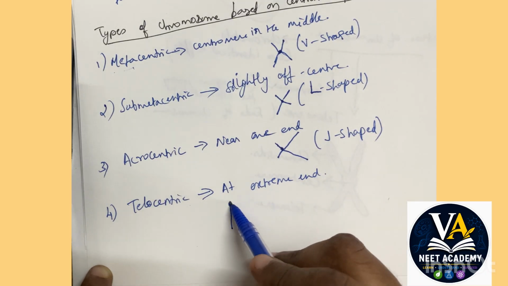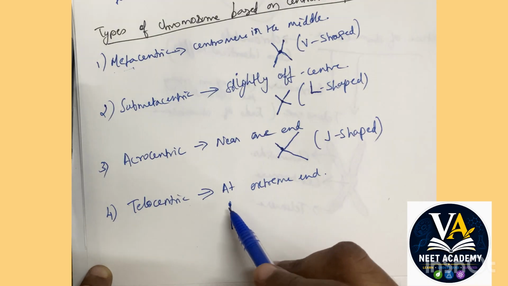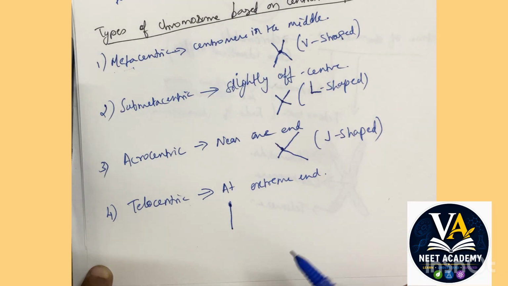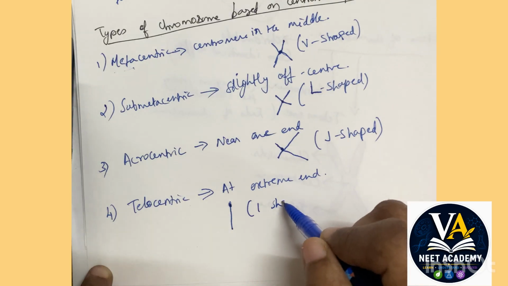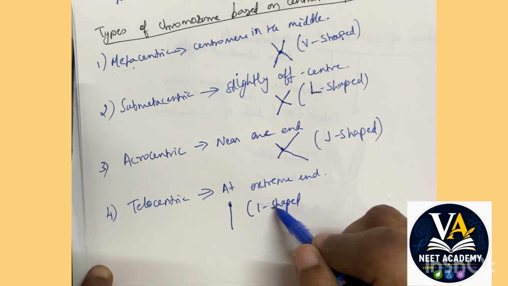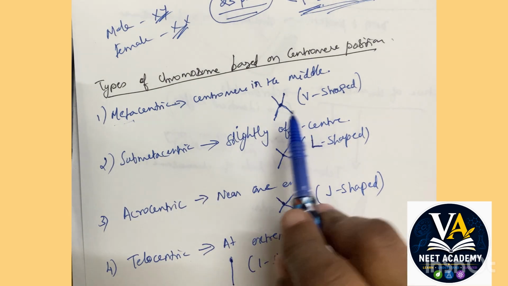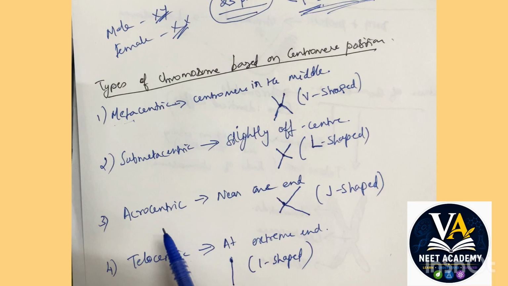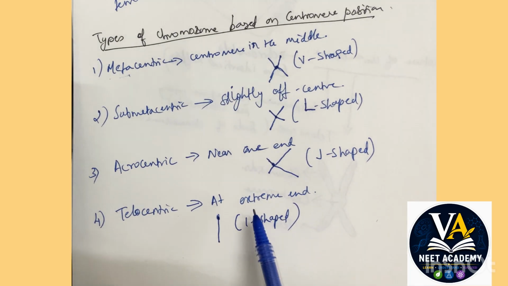Getting it, students? If the centromere was here, you would get two arms of the chromatids, but because it is present at one extreme end, you do not get any arms. So you can say I-shaped chromosomes. Clear, students? Metacentric at the center, V-shaped; submetacentric off center, L-shaped; acrocentric near the end, J-shaped; and telocentric at the extreme end forming the I-shape.